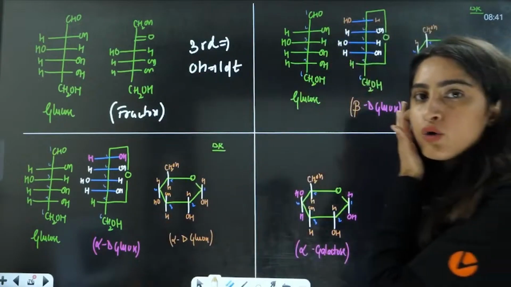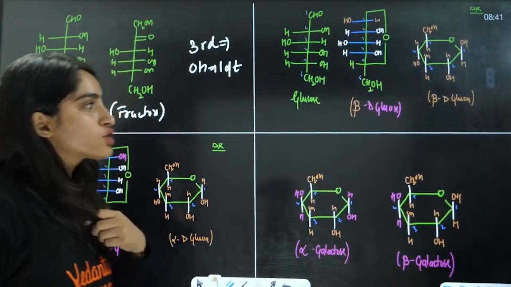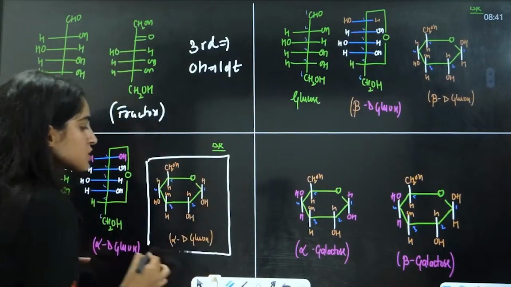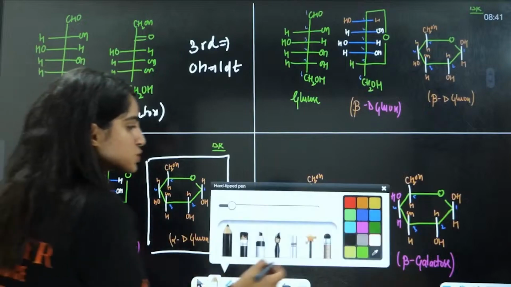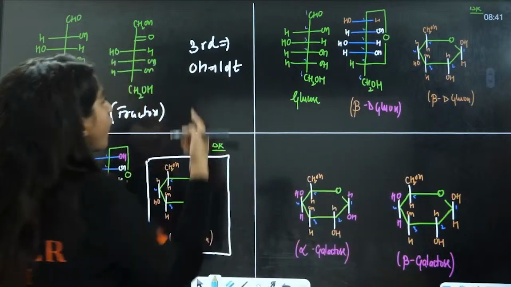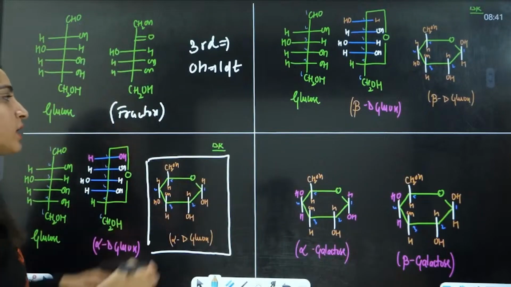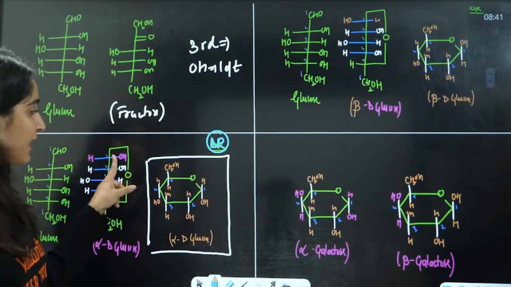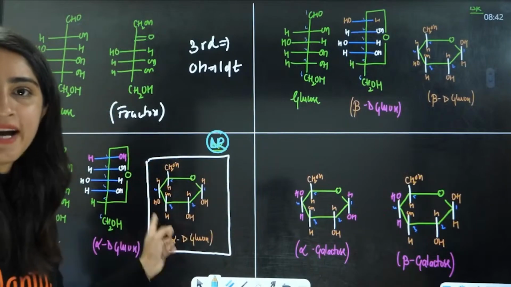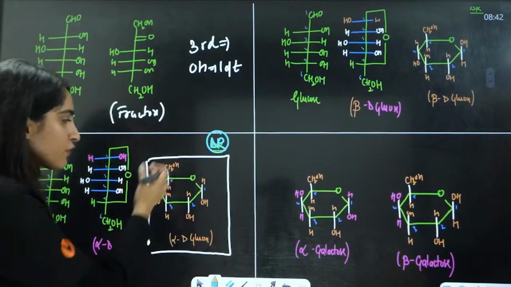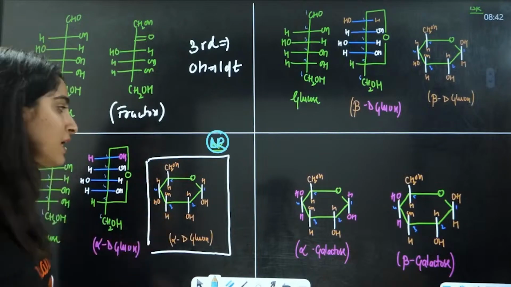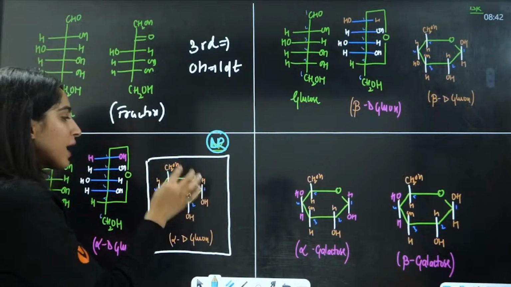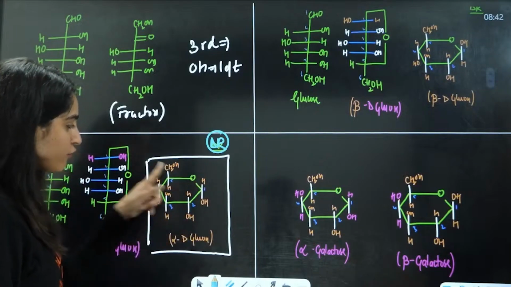Let us talk about the cyclic structures. Just remember this cyclic structure. If you want to convert Fischer to cyclic, remember that the right-hand side goes down. Make a pyranose ring with carbons 1, 2, 3, 4, 5.